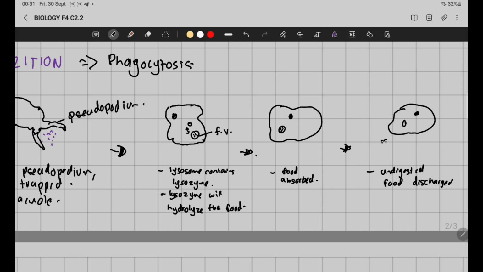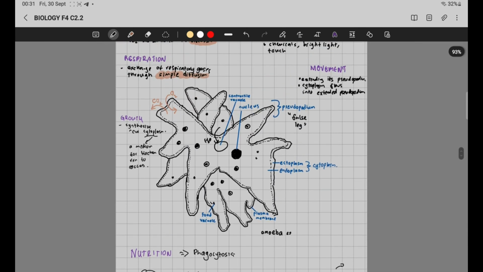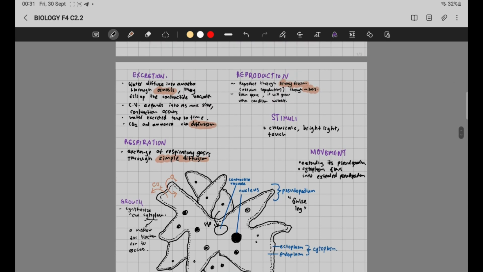Just like I mentioned before, the pseudopodium will extend forward, but this undigested food will be left behind. They will not carry the undigested food. So we complete our lesson on the life processes of the amoeba.